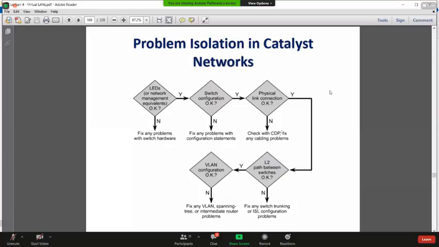Anyway, it is focusing on cabling problems, because sometimes this should be corrected through the LEDs, but here there is another stage they specified. There is no harm in looking into the link connectivity. I'm not sure what CDP is.